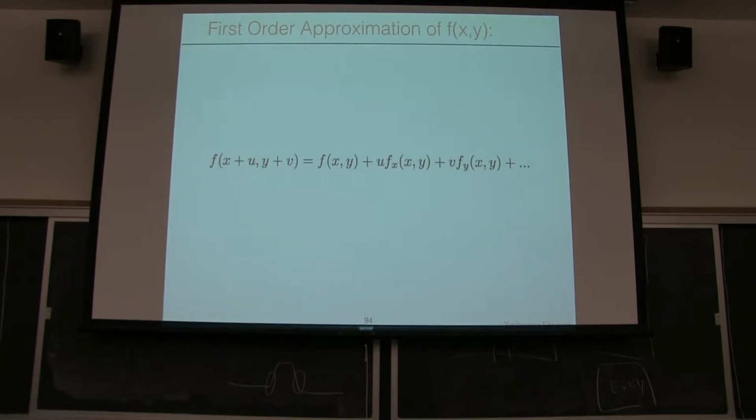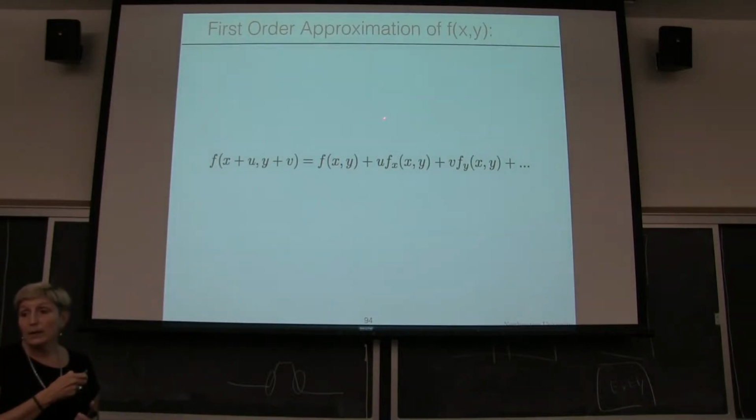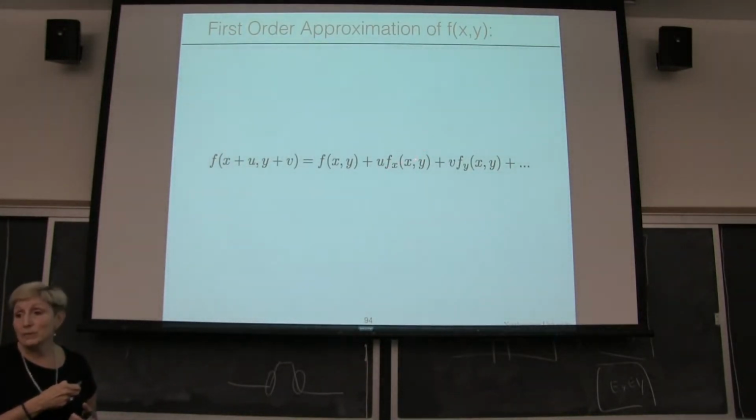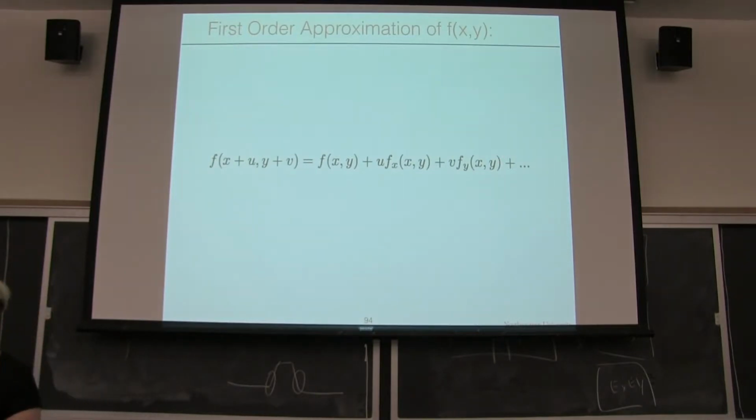U and V. And so this function, as I move from X, Y a little bit, can be approximated using Taylor as the value at X and Y, plus the gradient in the X direction multiplied by how much I move in the X direction, plus the gradient in the Y direction multiplied by how much I move in the Y direction, plus higher order terms.